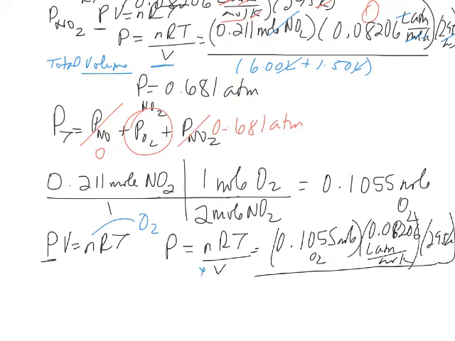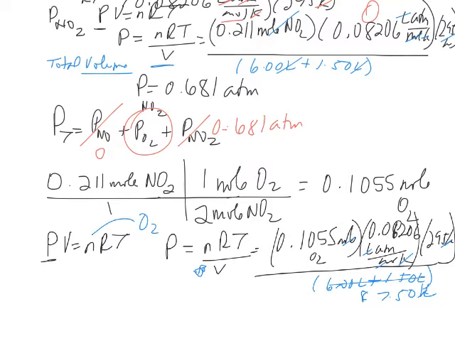Once again, don't forget this is total volume because the stopcock is open, and this is after the reaction. And this would be 6.0 liters plus 1.50 liters, which ends up being 7.50 liters. We check to make sure our units cancel out: Kelvin and Kelvin, liter and liter, mole and mole.